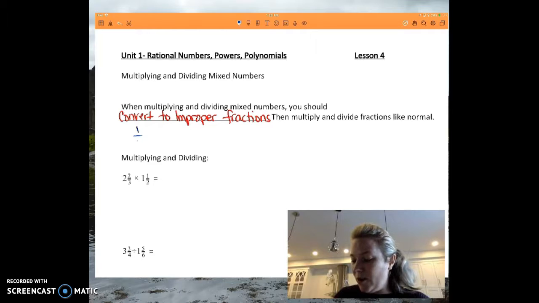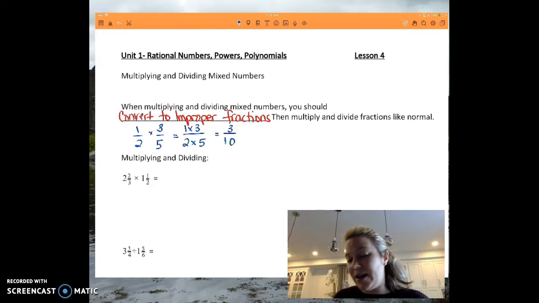So if we have 1 over 2, and we're going to multiply that by 3 over 5, okay? When you multiply fractions, you multiply the top and you multiply the bottom. So 3 times 1 is 3, 2 times 5 is 10. When you're dividing fractions, it's very similar. We'll use the same example.